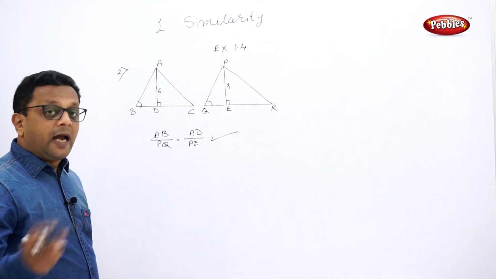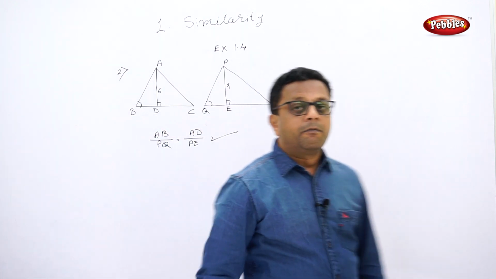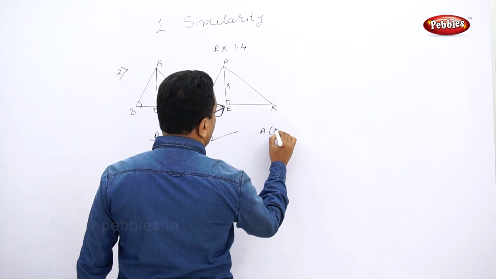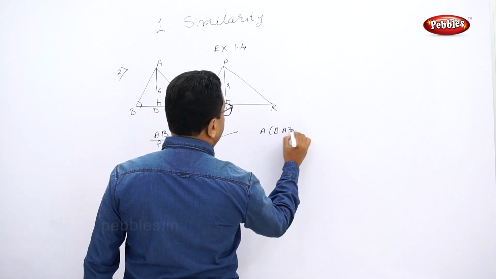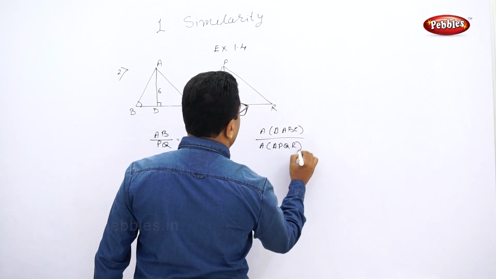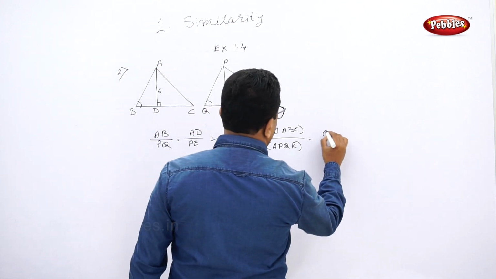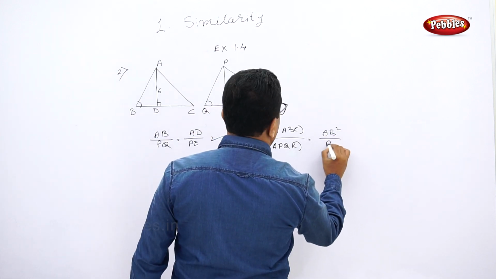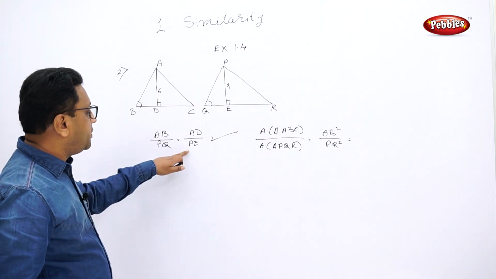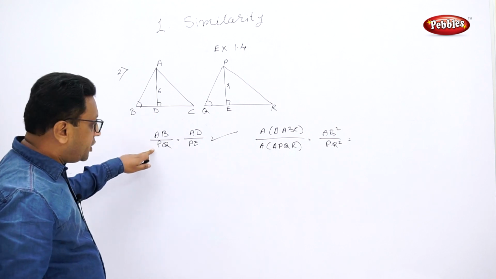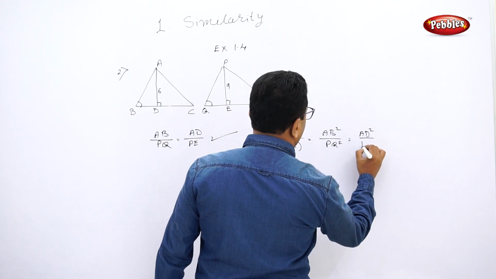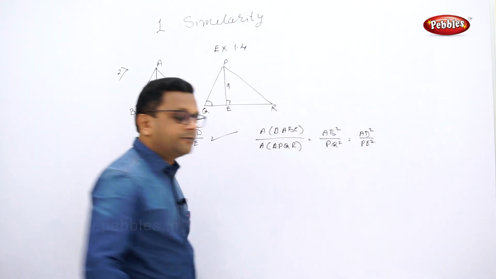First you have to prove this, and then you can say that by the theorem the area of triangle ABC upon area of triangle PQR is equal to AB square upon PQ square, which is nothing but, since AB upon PQ is equal to AD upon PE, AB square upon PQ square is equal to AD square upon PE square.